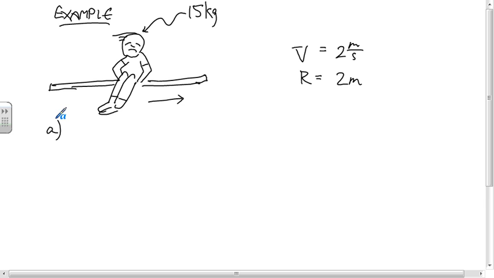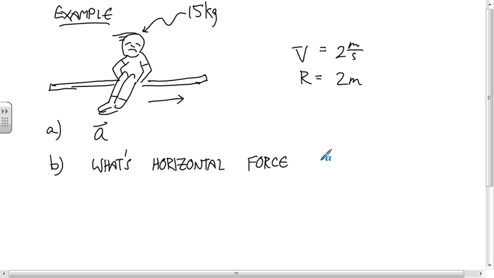And try to calculate two things. First, what's the acceleration vector? And second, what's the horizontal force vector that's required so that he doesn't slip?